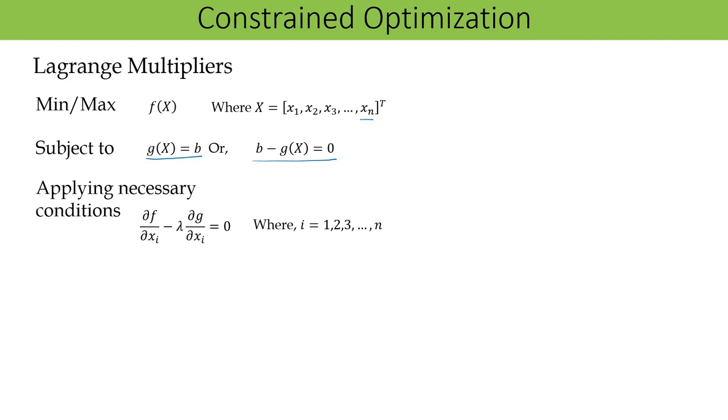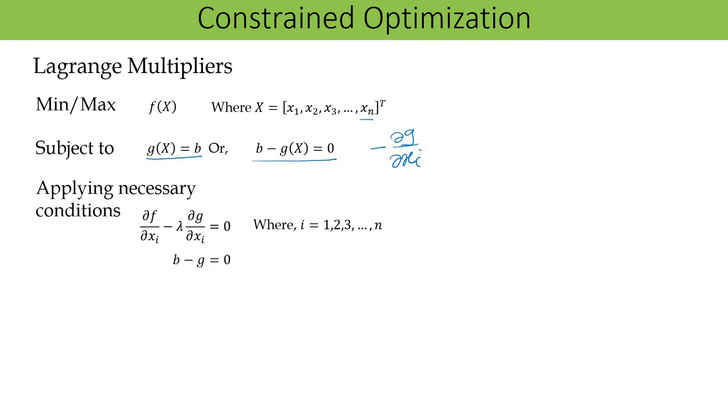If I take the derivative of this one, I get the negative of del g by del xi. So that is del f by del xi minus lambda del g by del xi equal to 0.